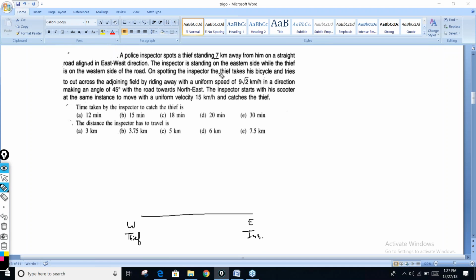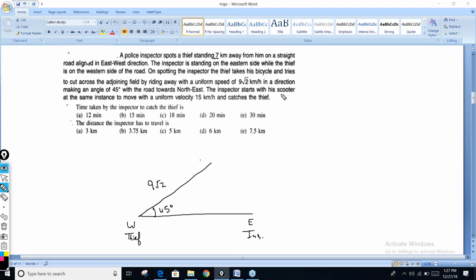On spotting the inspector, the thief takes his bicycle and tries to cut across the adjoining field by riding away with a uniform speed of 9 root 2 km per hour in a direction making an angle of 45 degrees with the road towards northeast. So that is north, that is east. The thief runs in the northeast direction at an angle of 45 degrees with the speed of 9 root 2 km per hour.